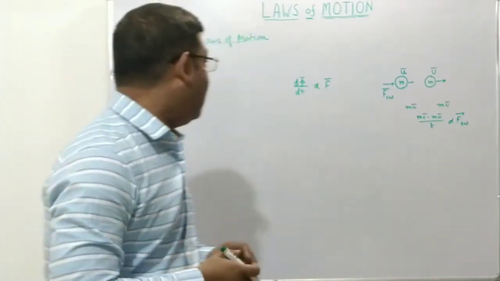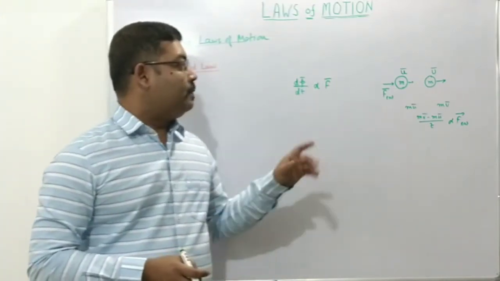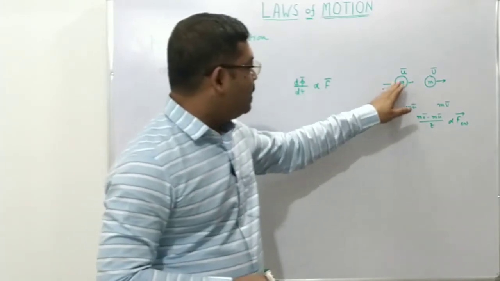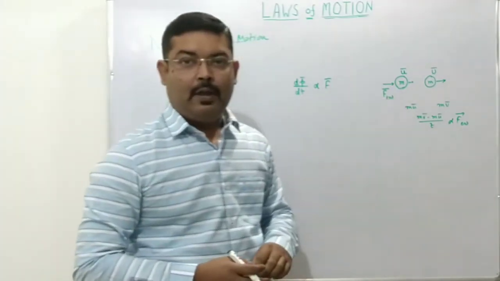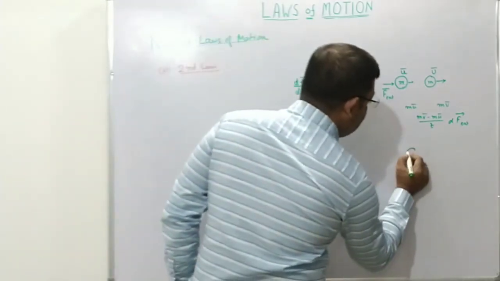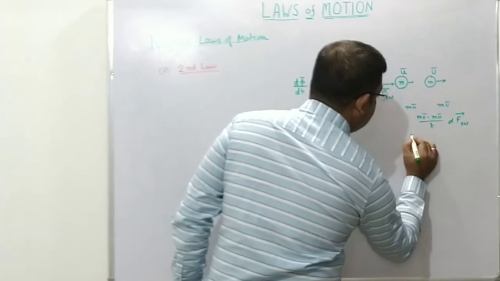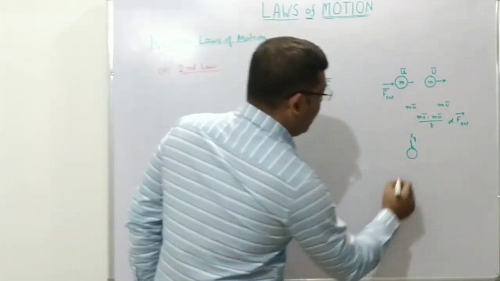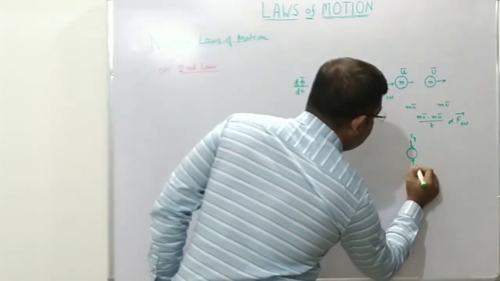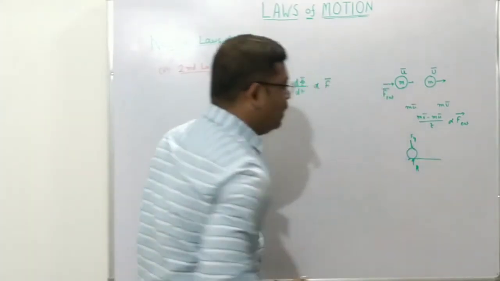Now, what do we mean by unbalanced force? It's not necessary that there is only one external force. There could be different forces. For example, the object is there, so there will always be the force of gravity, and then there will be a normal reaction from the surface on which it is standing.